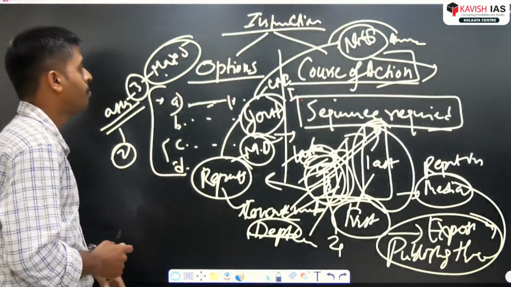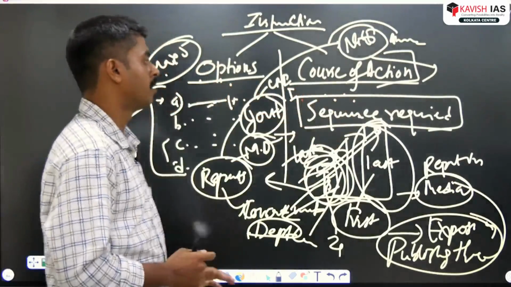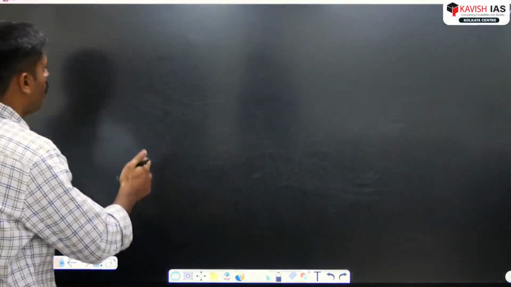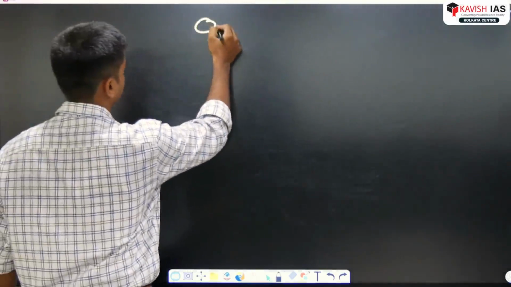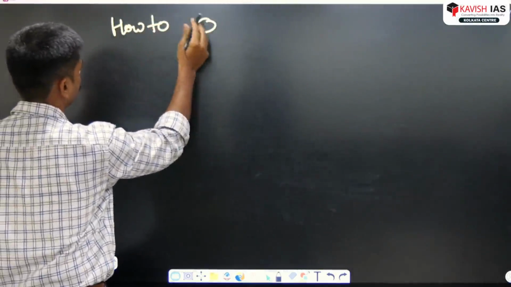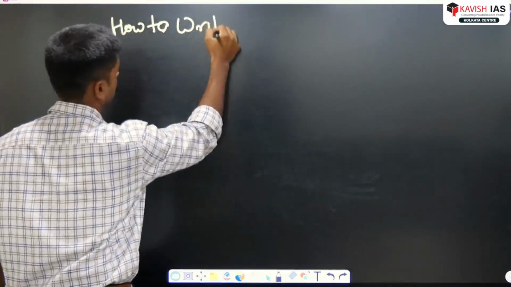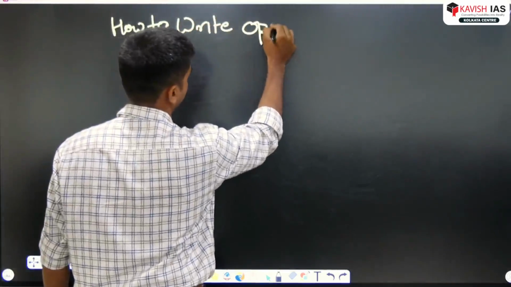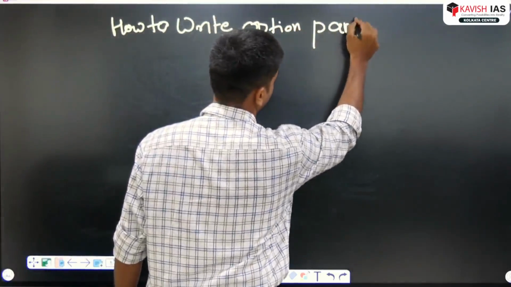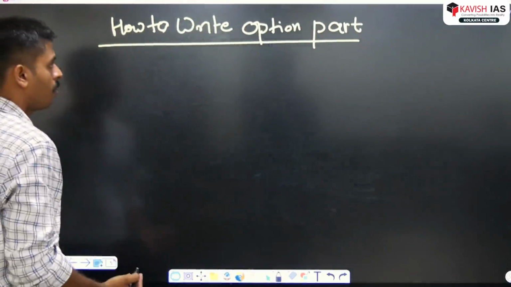So this is how you should be doing this option and course of action part, right? So moving ahead, how to write an option? Right.